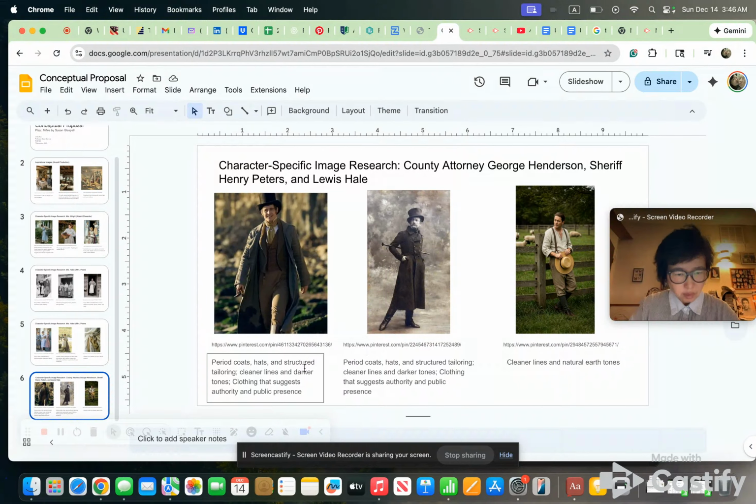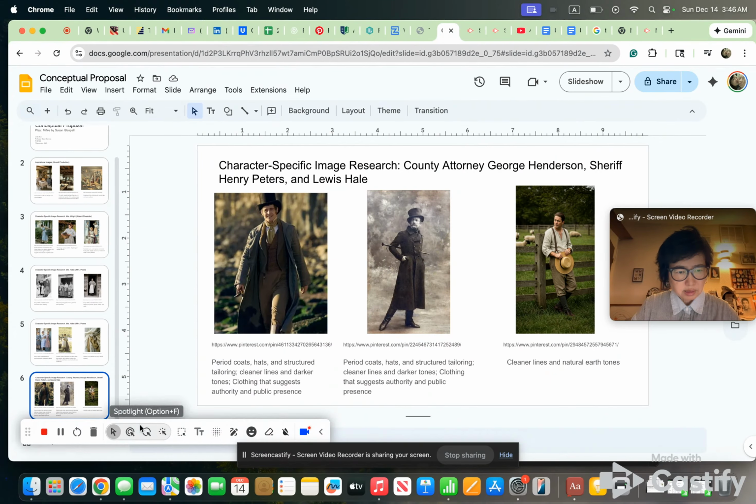So here, the coats, hats, and structured tailoring, cleaner lines, and darker tones. Clothing that suggests authority and public presence.